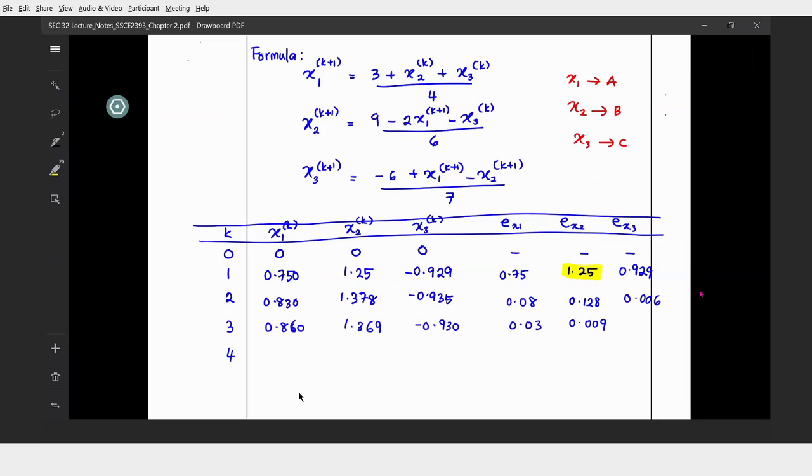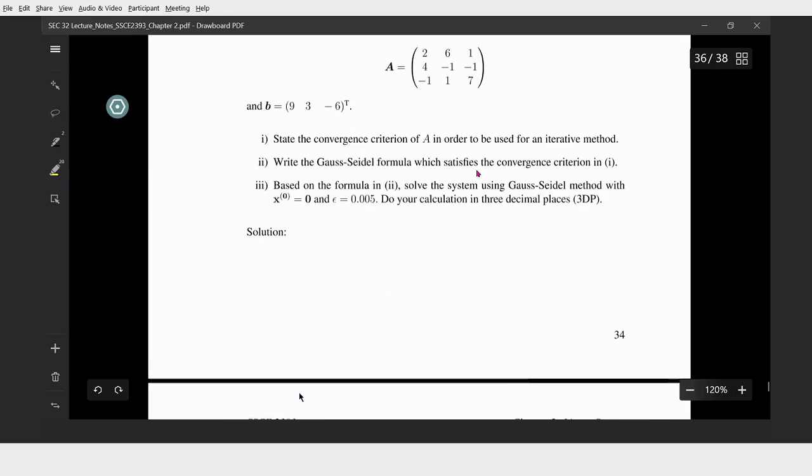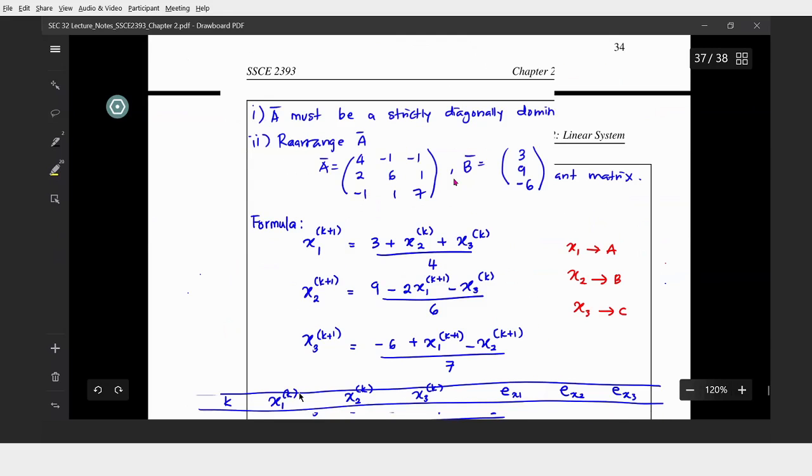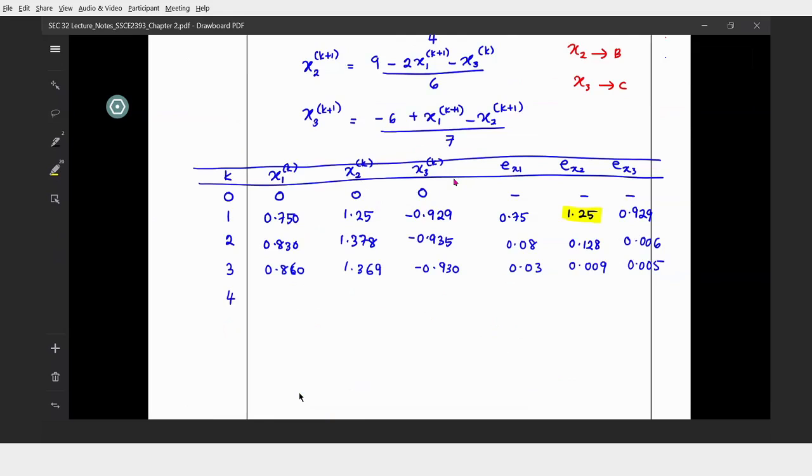No? Stopping condition 0.005. Okay. So the maximum is 0.03. Okay. Still need to proceed.